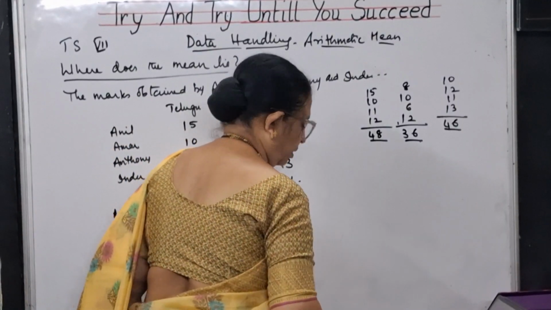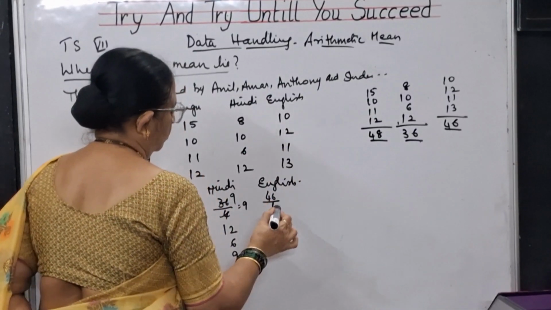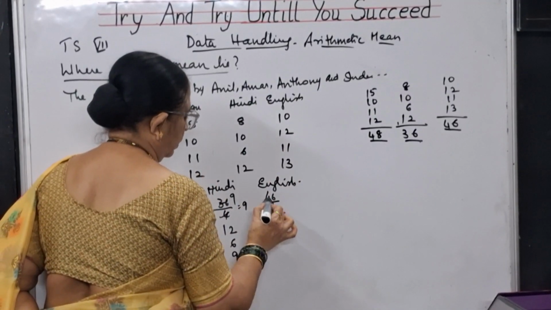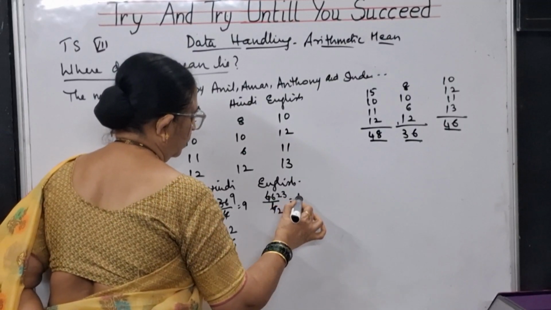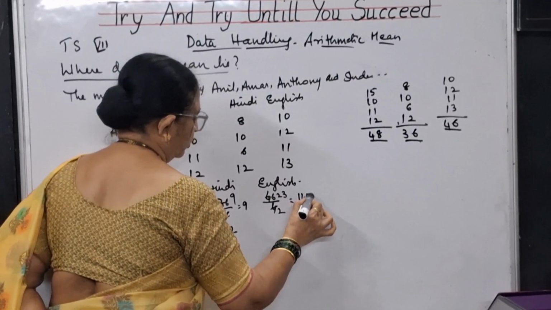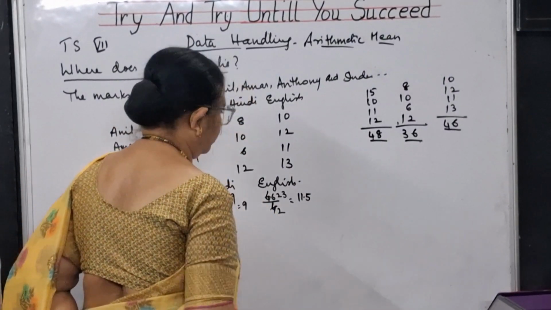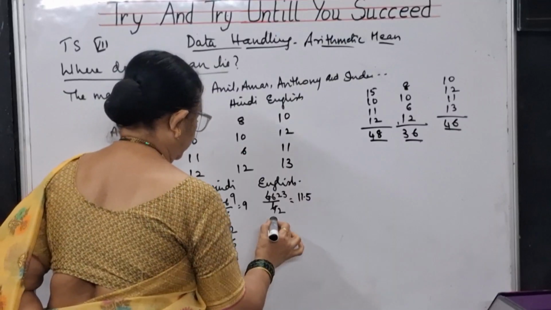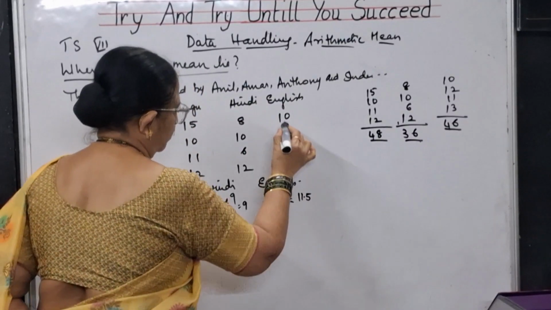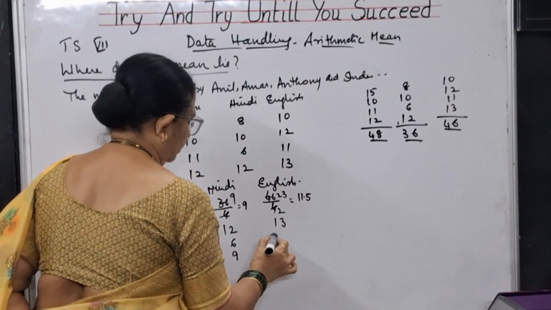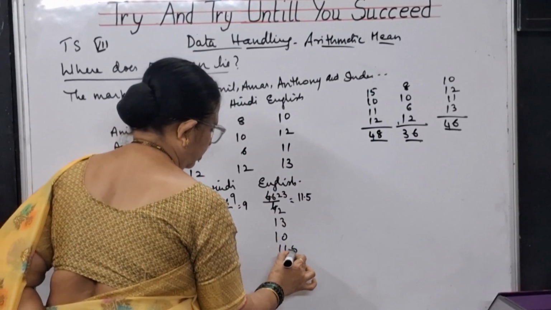How much will you be getting? 11.5. Next, the highest marks in this is 13. Least marks is 10, and the mean is 11.5.